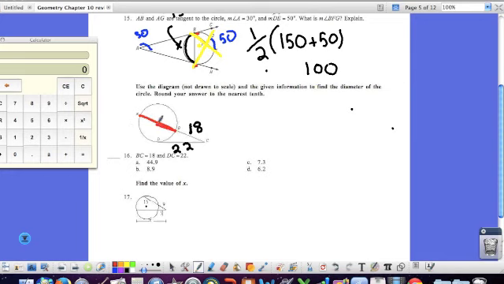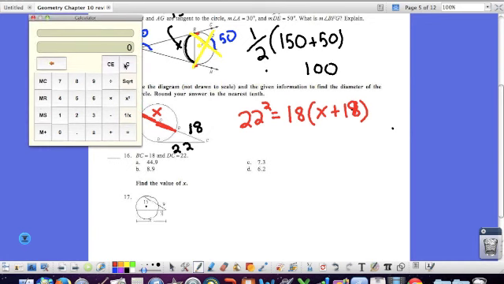That is the internal part. I'm going to call that X. So since I have a tangent portion, that's 22 squared equals the external segment times the entire length of the secant. And the entire length of the secant is actually X plus 18.